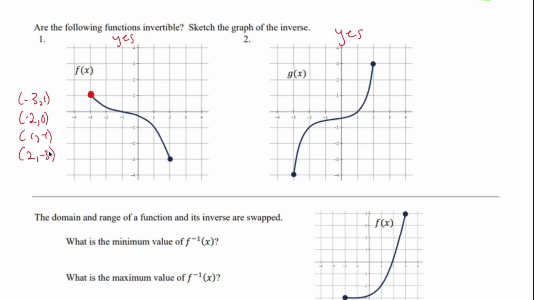Its inverse is going to have you flip-flop the points. So its inverse is going to have points of 1, -3, 0, -2, -1, 1, and -3, 2. That's going to be the inverse.